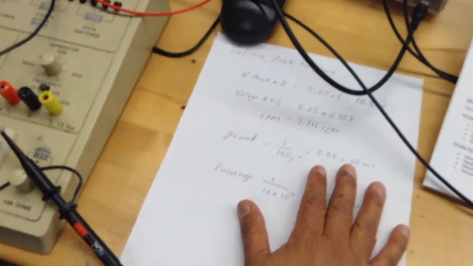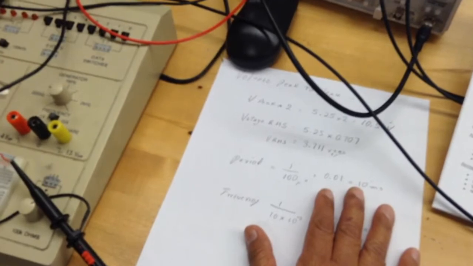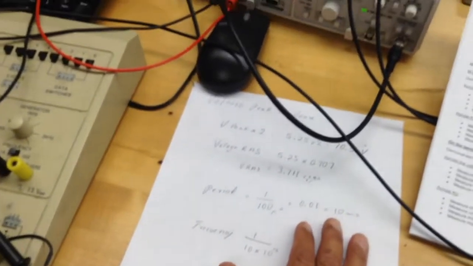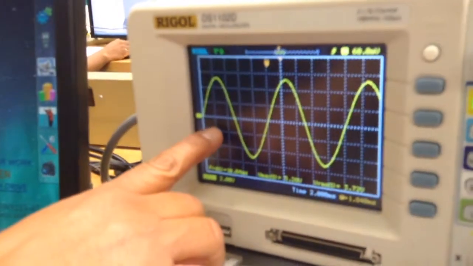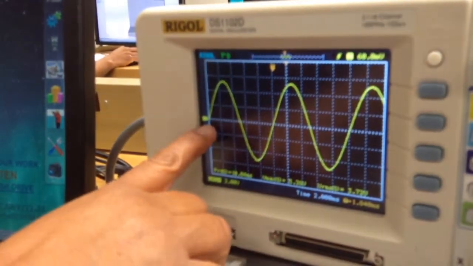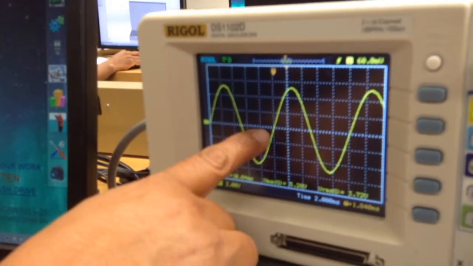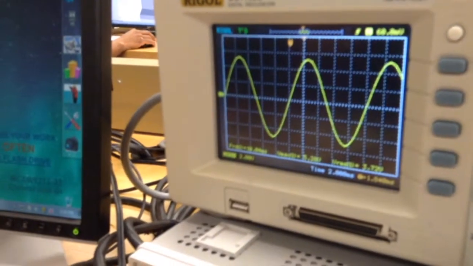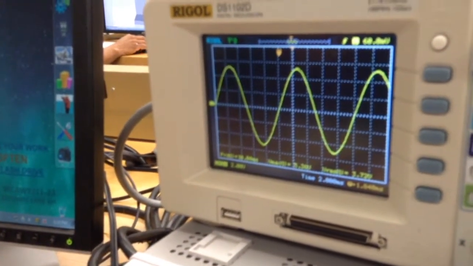Okay, now we're going to measure the period, which is 1 over frequency. And in this case, we have 2 volts per division. So we start counting 1, 2, 3, 4, 5 squares per division multiplied by 2 volts.